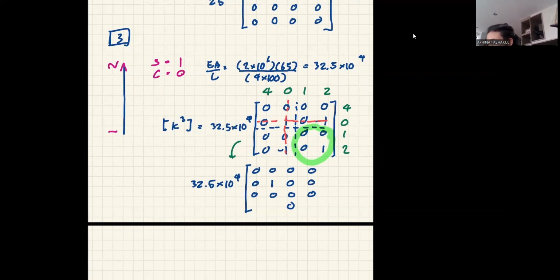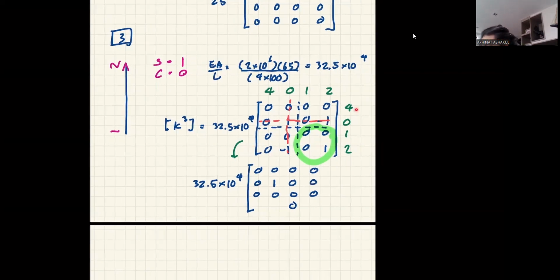And then the last one, row 4, 1 and 2 are also 0. And then in 4, that's also 0. So we end up having something like that. You see, in the end, it's just 1 coordinate in the matrix that has the value. So that's member number 3.